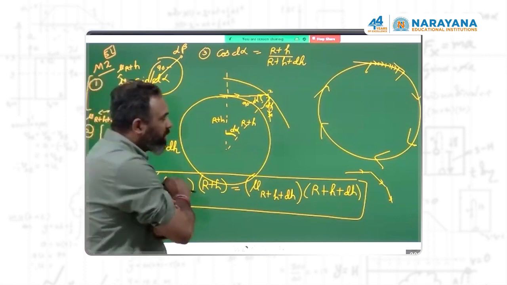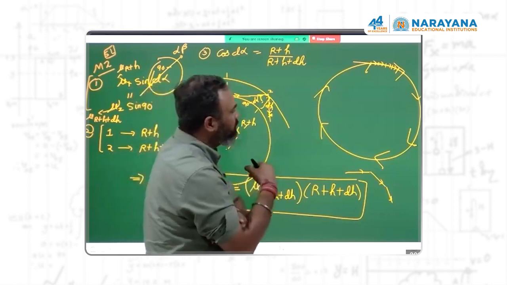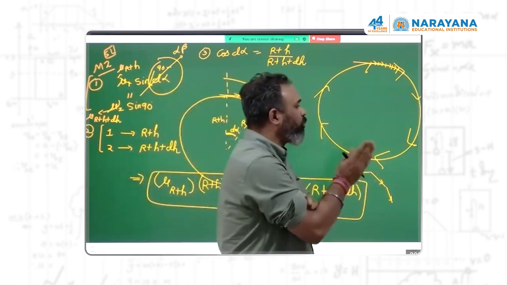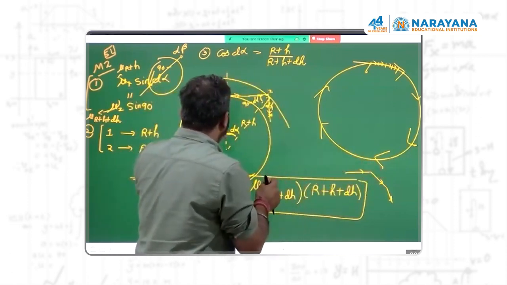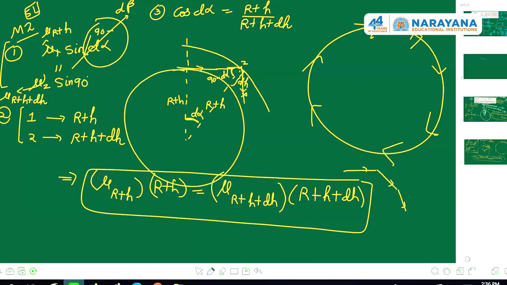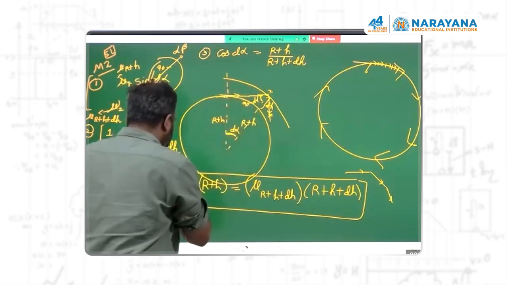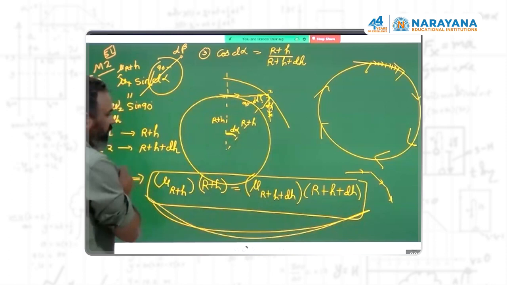And remember one thing, as a special case for the problem, he can say that this is happening very close to the surface. Now, at what H is it happening? That is not my concern, he will provide you. I am saying if it is happening at some H, but for it to encircle between R plus H and R plus H plus DH, this is the core equation which needs to be followed.